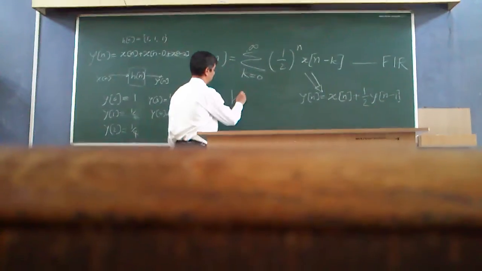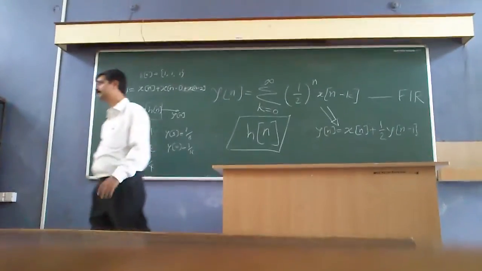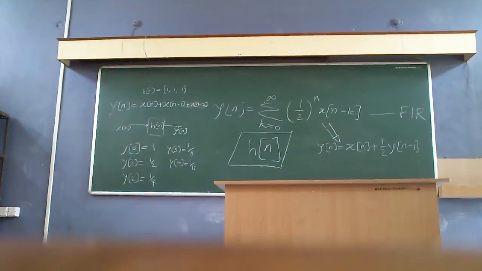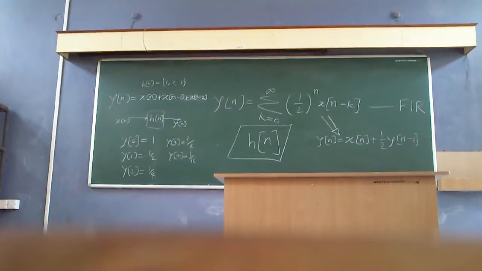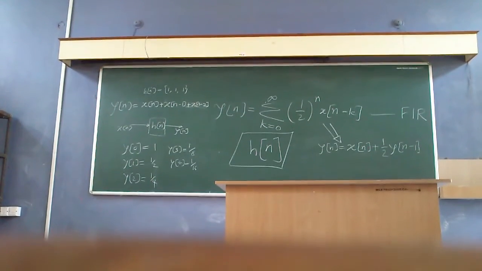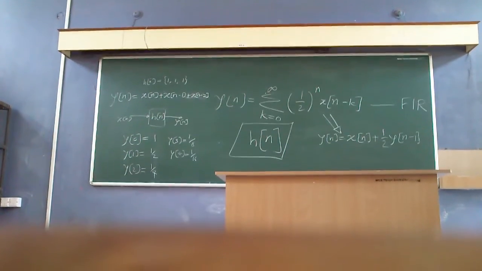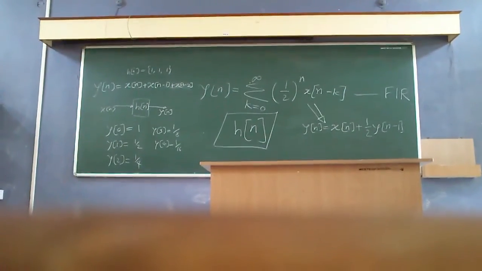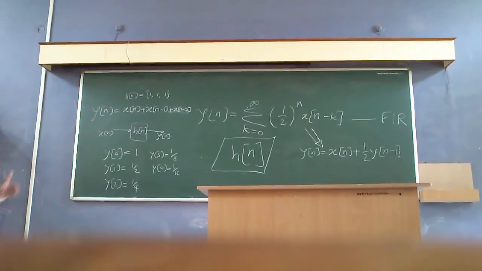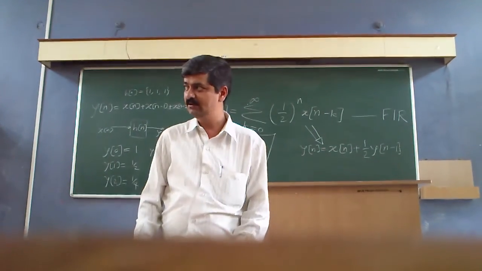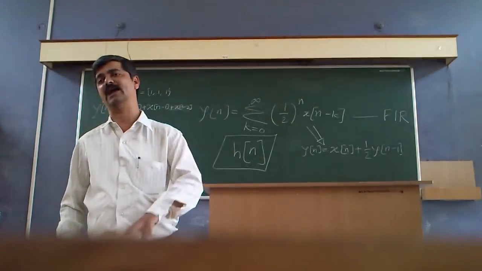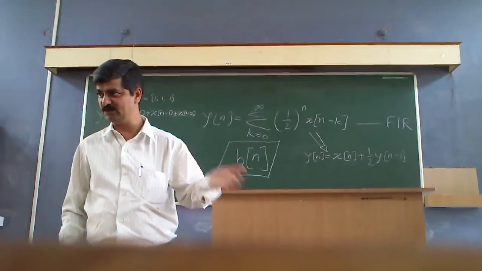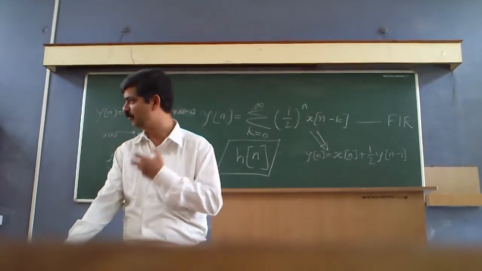The study of h(n), its various properties, means what type of h(n) will have what kind of effect on the signal processing. x(n) is a signal, and it has its own properties.